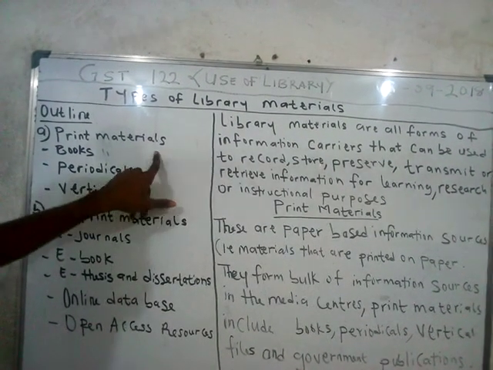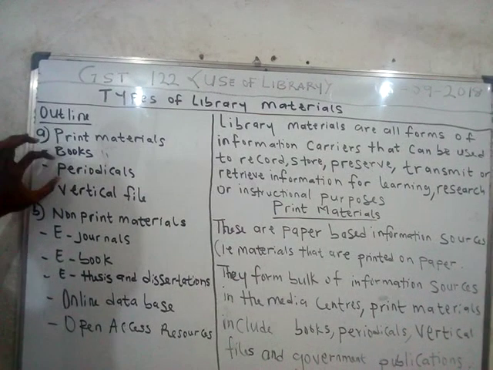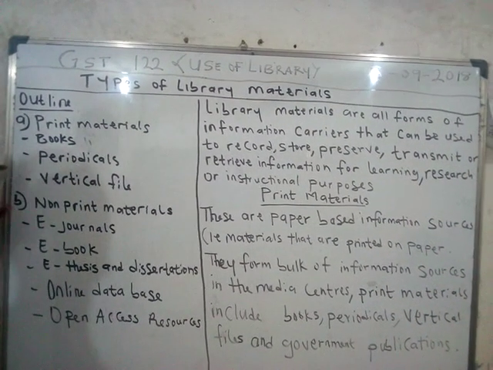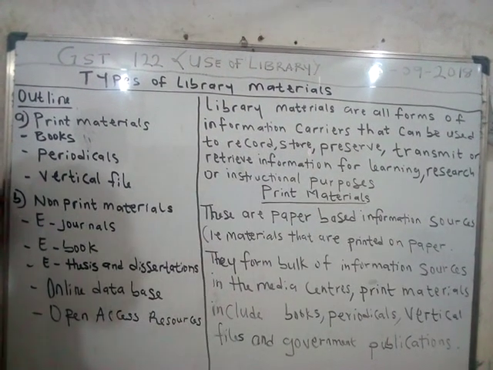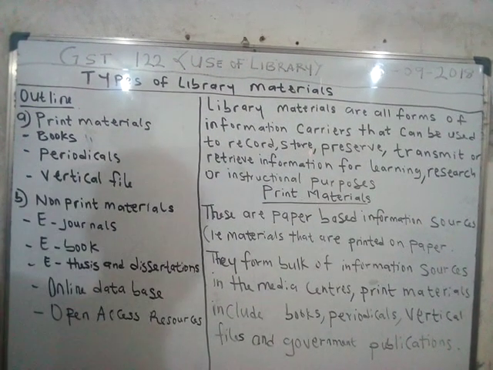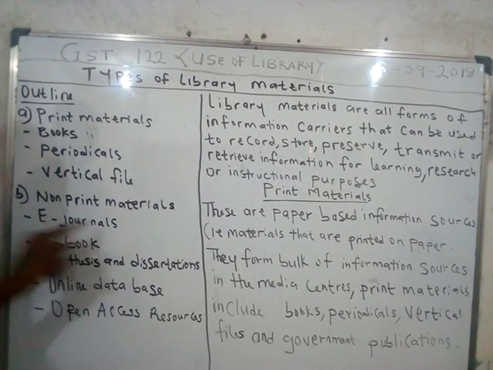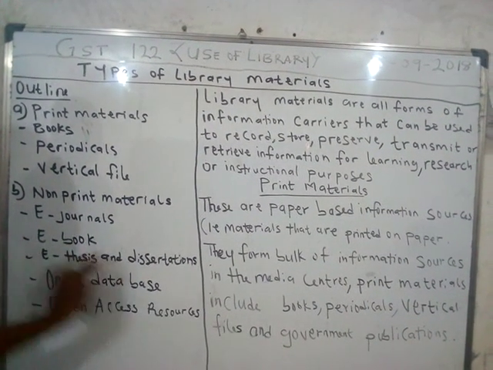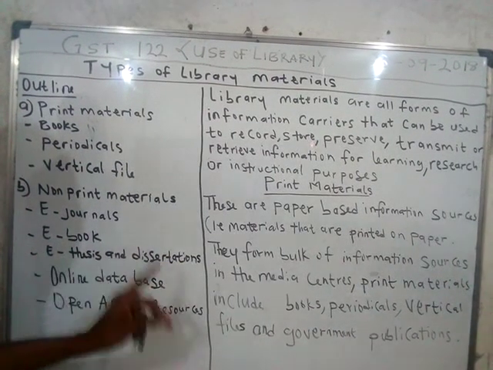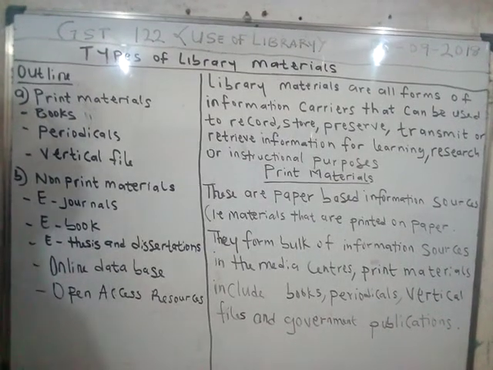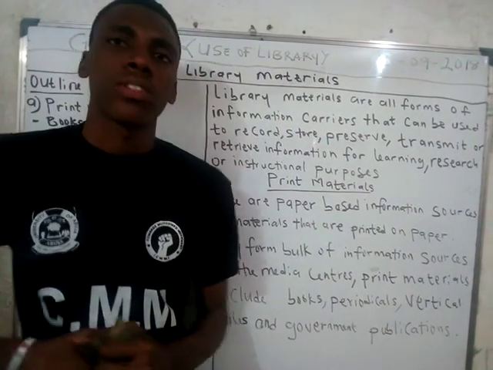Under print materials, we have books, periodicals, and vertical files. Then the second type of library material is the non-print material, which includes e-journals, e-books, e-theses and dissertations, online databases, and open access resources.